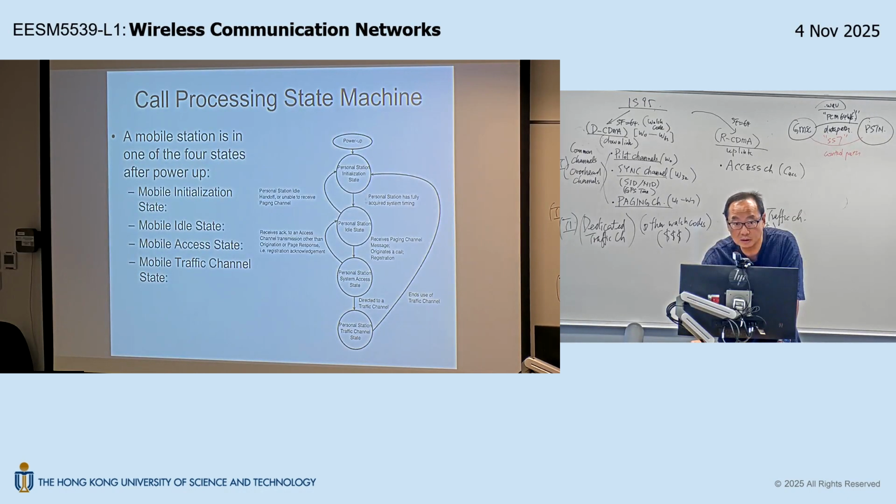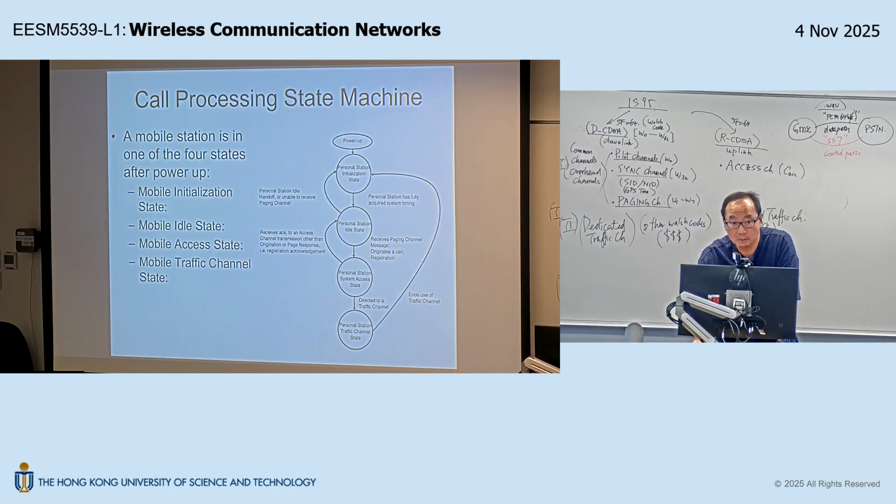The label on each arrow gives the condition for the state transition to happen. So that is called a state transition machine, right? When you implement a certain protocol, you need to first understand the state transition machine of the protocol before you can write code to implement the logic behind the protocol stack, okay?